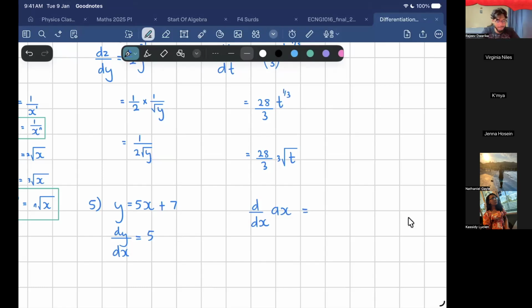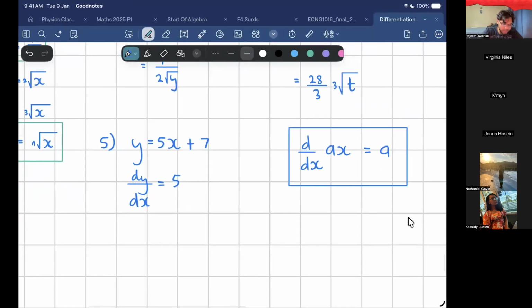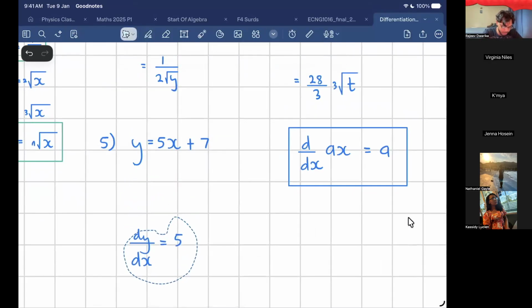A. Right, because that represents a straight line graph. And for a straight line graph, does the gradient ever change? No, sir. So if you see something in the form ax and you have to differentiate it, it's just a.